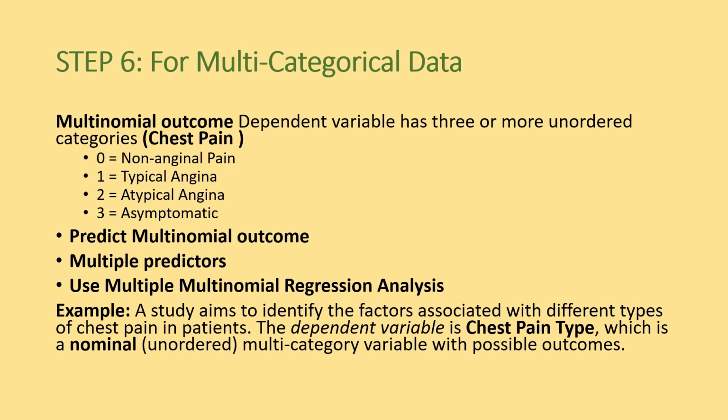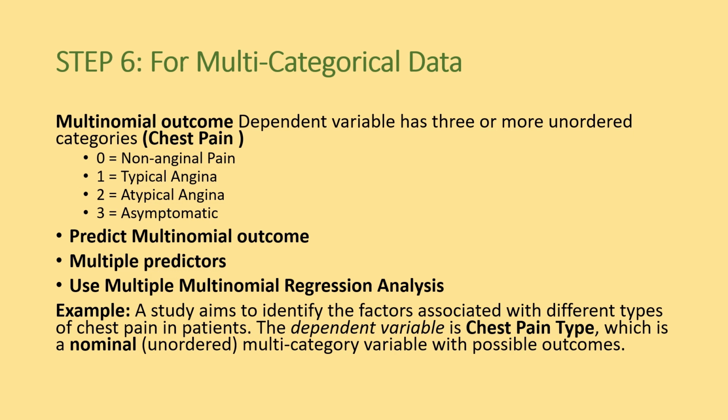For multiple categorical data, the multinomial outcome dependent variable has three or more unordered categories: chest pain, typical angina, atypical angina, non-anginal pain, asymptomatic. To predict a multinomial outcome with multiple predictors, use multiple multinomial regression analysis.